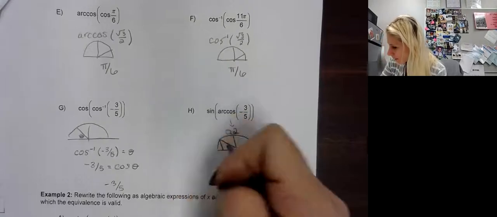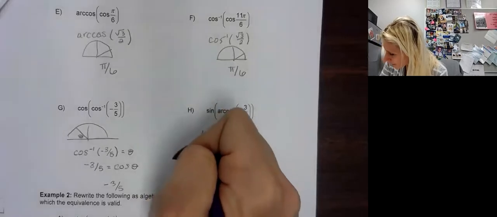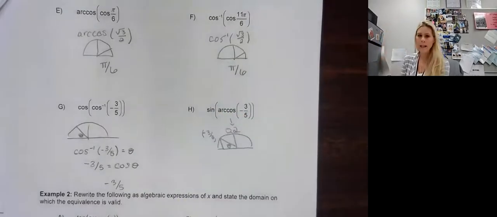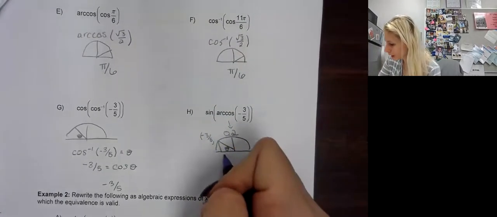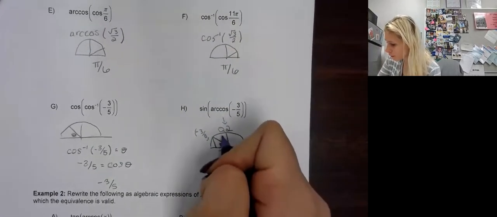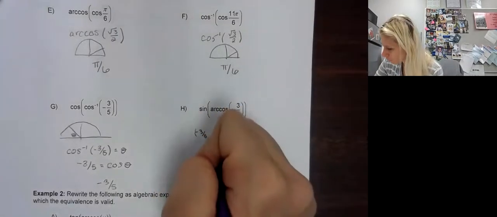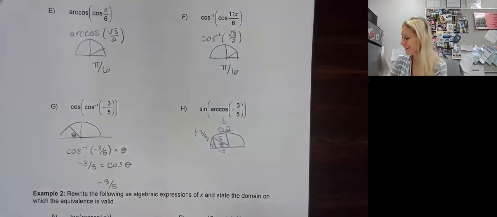If this coordinate here is -3, 5, we need to figure out what the sine coordinate is. Cosine is adjacent over hypotenuse. We can use the Pythagorean theorem to find the other side, which in this case is 4. Hopefully you know that right triangle by heart.